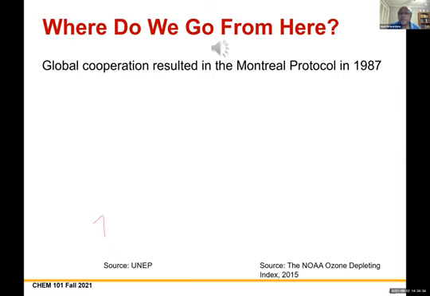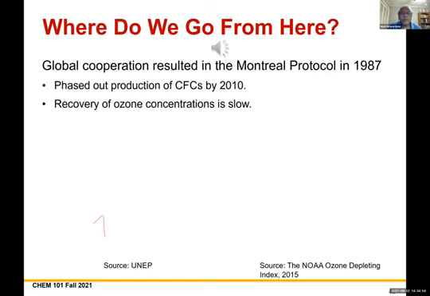They came up with the 1987 Montreal Protocol. They planned to ban production of CFC by 2010. 2010 has passed. We came up with a different refrigerant coolant, but the recovery of ozone concentration is slow.